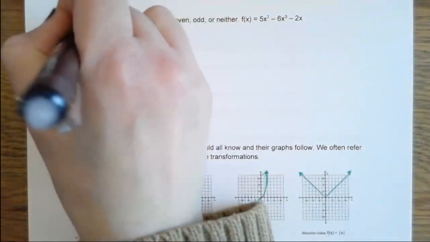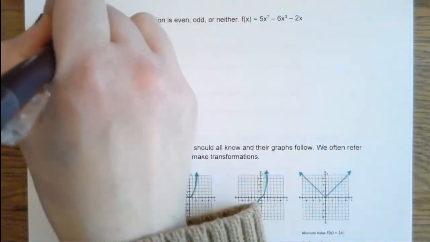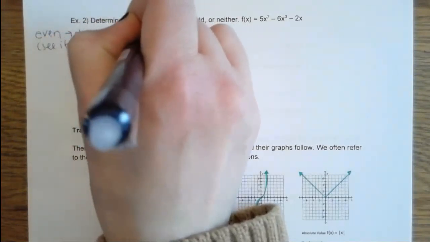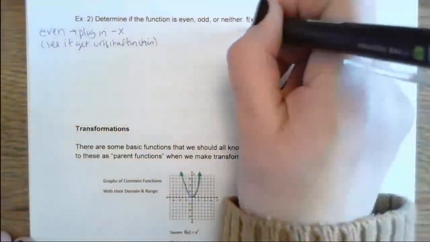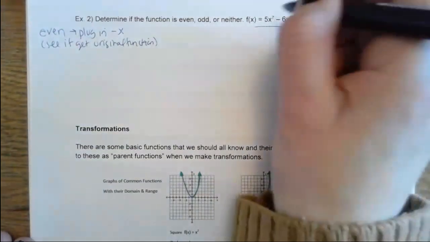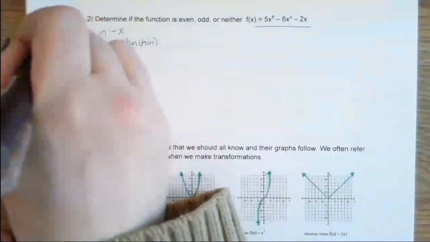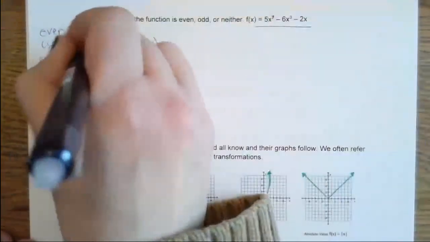What you do here is you just plug in negative x, and again, you see if you get the original function. So the function that we're working with is this one here. I know it's a little hard to read. This is a little 7 as well. So I'm going to plug in negative x. So I replace x with negative x.